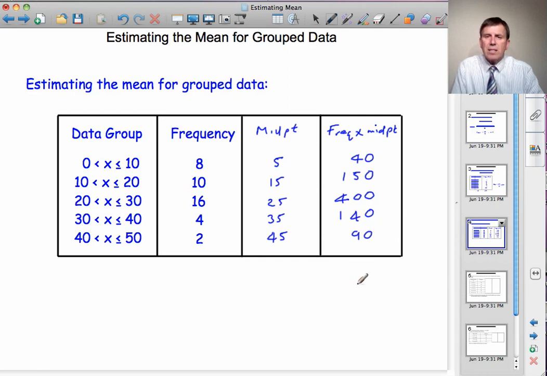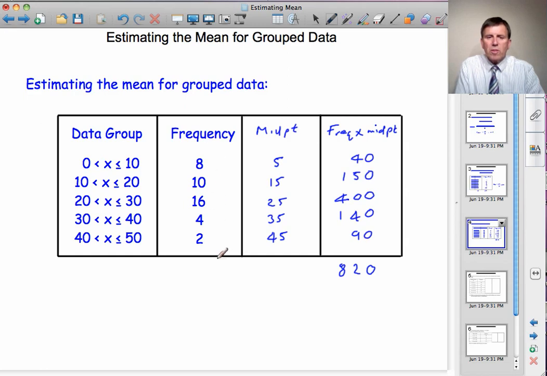Now, I'm going to estimate the total of the data by adding up this column here. So if we add those together, zeros there, 9 and 4 is 13, 13 and 5 is 18, 18 and 4 is 22, put down the 2, carry the 2, 2 and 1 is 3, 3 and 4 is 7, and 1 more is 8. So we're estimating that this data set would add up to 820. We need to divide that by how many bits of data there are.